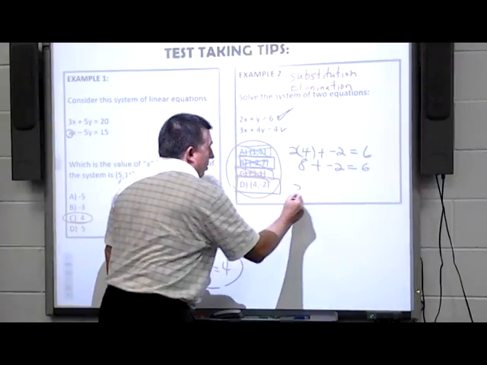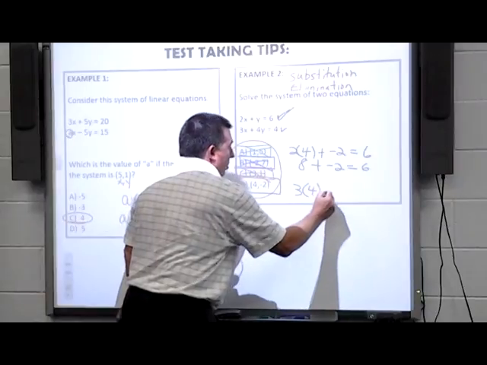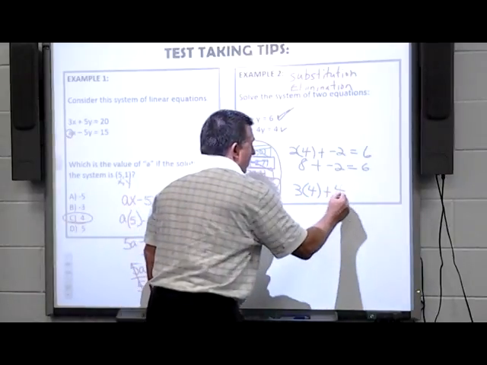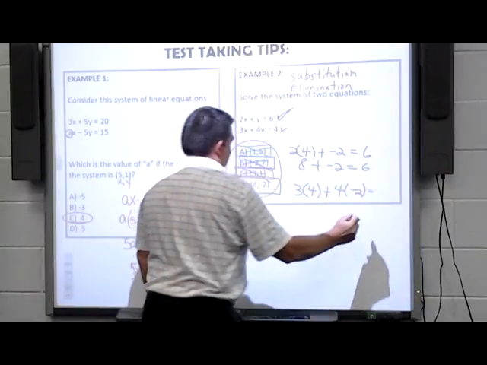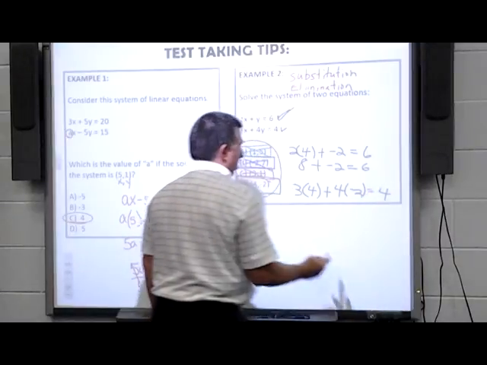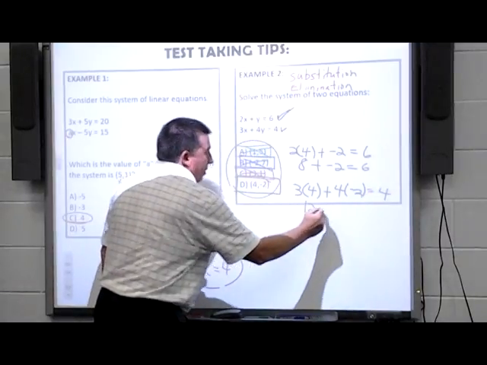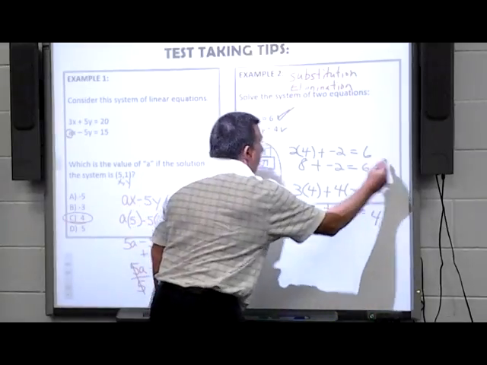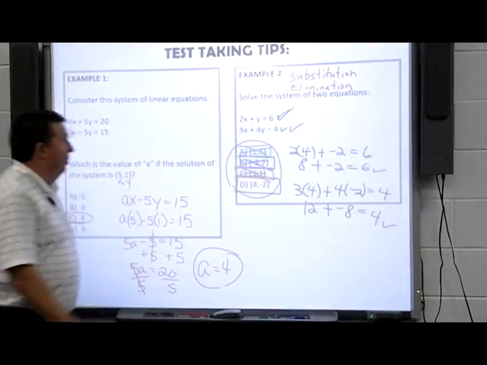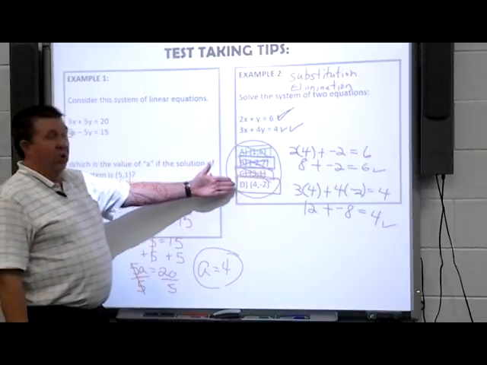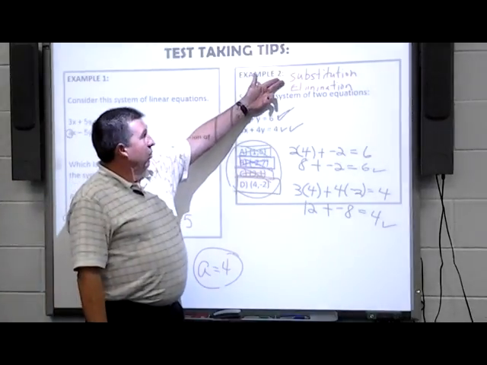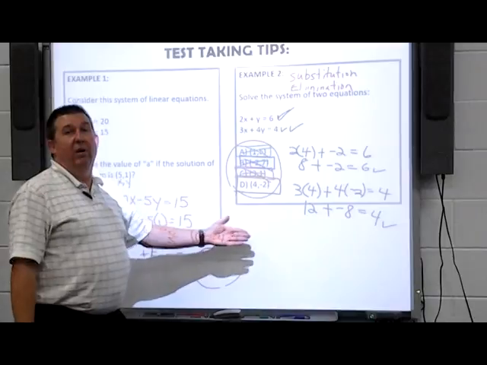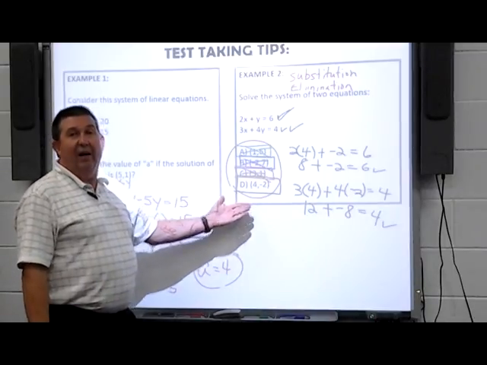And then the bottom one, 3 times 4 plus 4 times -2 equals 4. 4 times 3 is 12, plus -8 is 4. That is correct. And it's what we told you to begin with. So if all else fails and they give you a choice of answers, and you don't want to do substitution or elimination, we have given you another choice. You could just plug them in to find out which one works.